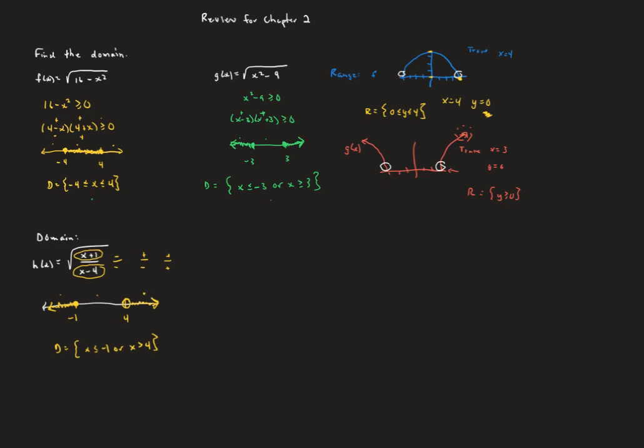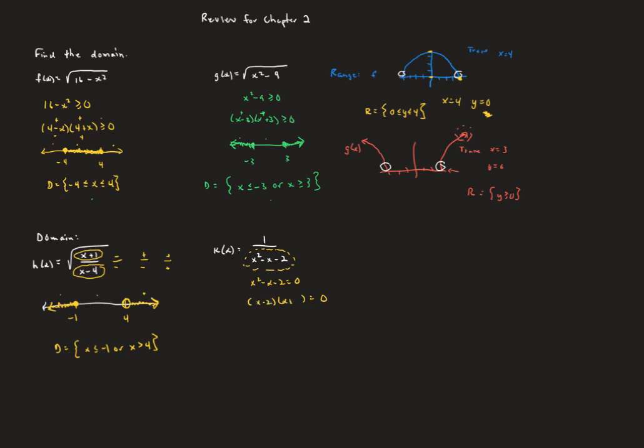Let's do another domain question. Let's do 1 over x squared minus x minus 2. So this will be undefined when the denominator is 0. So the question becomes, where is x squared minus x minus 2 equal to 0?